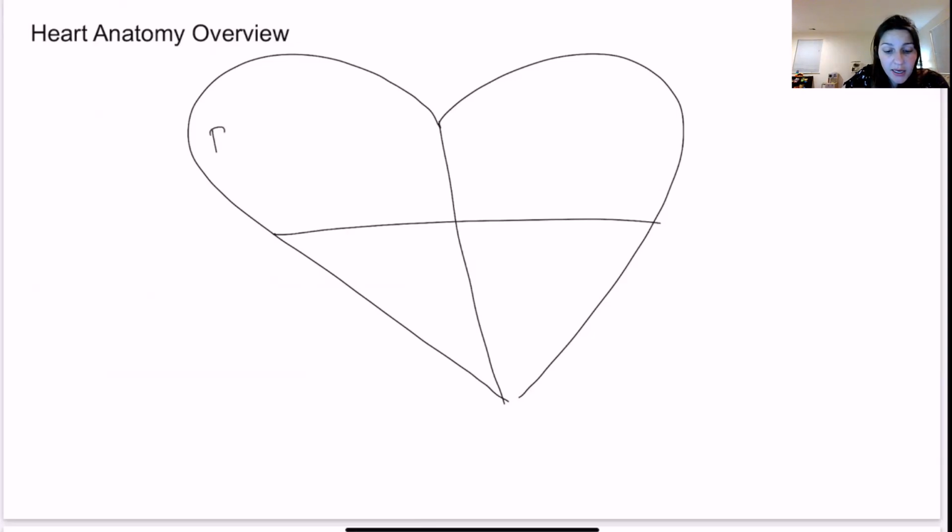So this is the right atrium, and this one is the left atrium. And then we have the ventricles at the bottom: the right ventricle and the left ventricle.